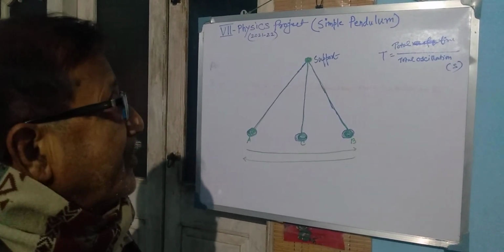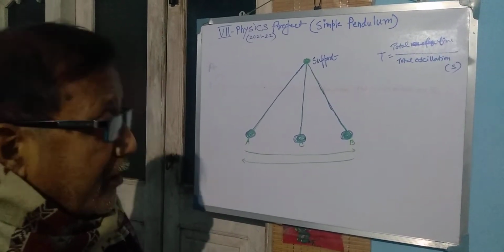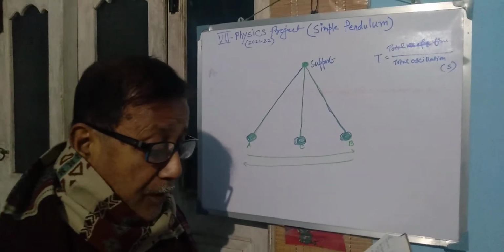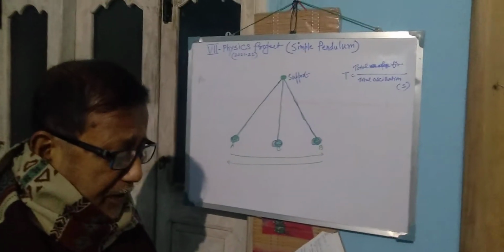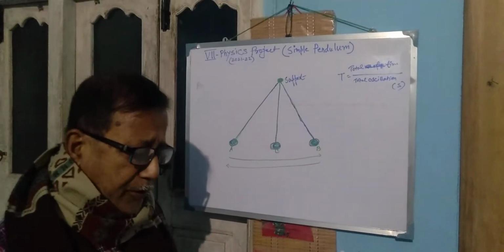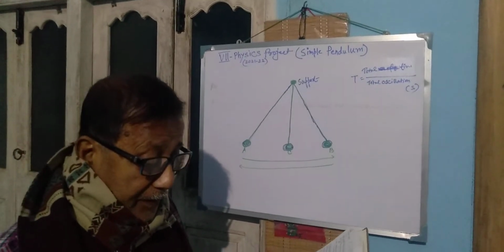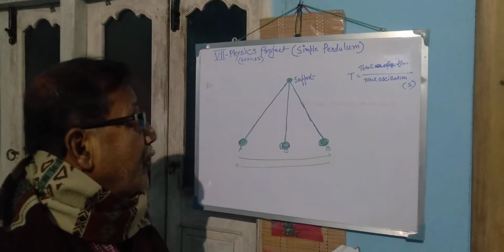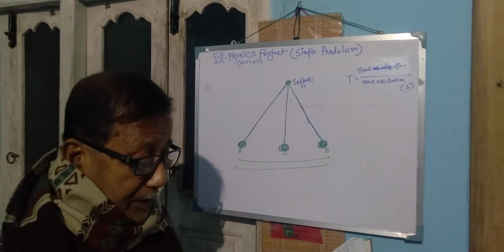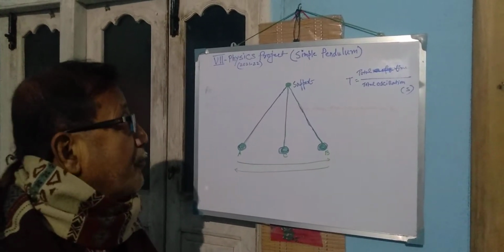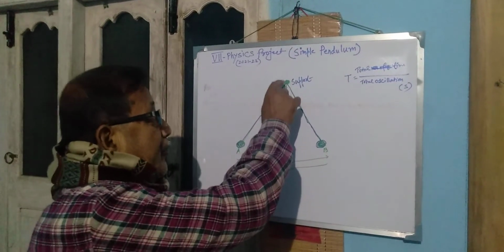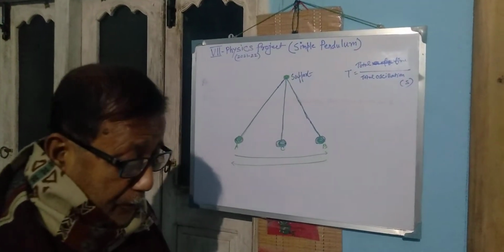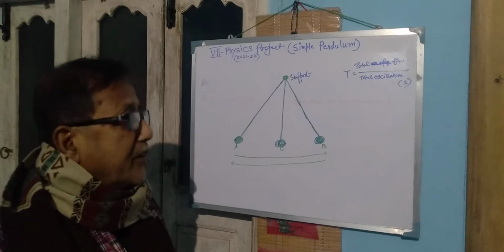If it is very light, then due to the friction of air, the oscillation may be disturbed. So the plastic ball should be a bit heavy, not very heavy, but not very light. Then you need a piece of thread, and this thread should not be more than 100 centimeters, and a support is needed. With this support you have to tie the pendulum, and you need a watch.